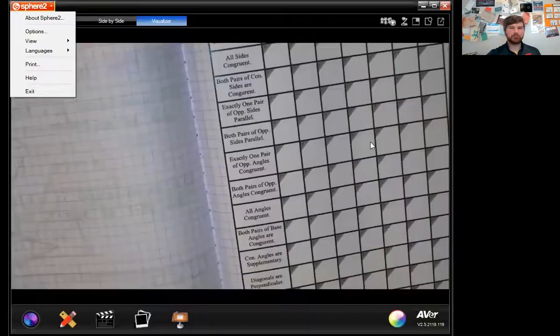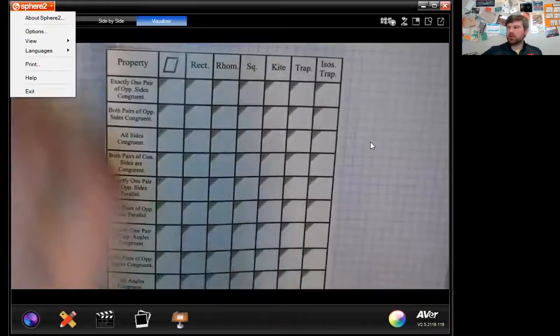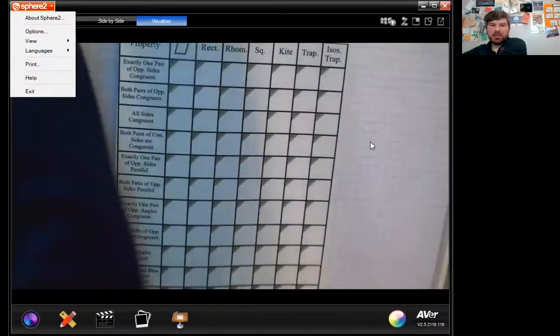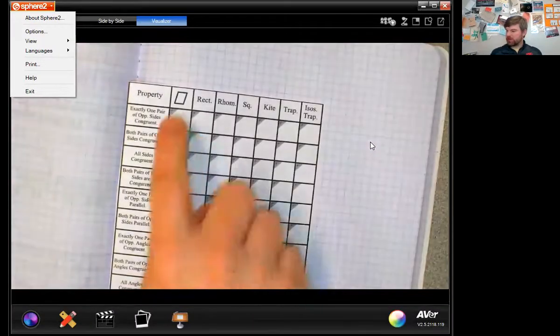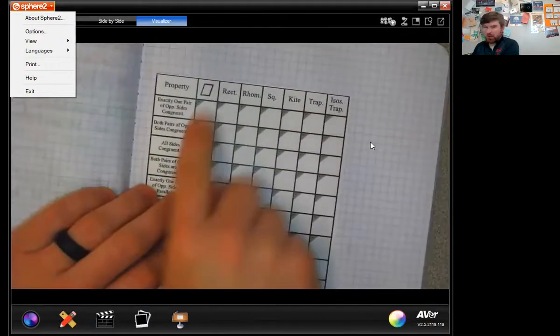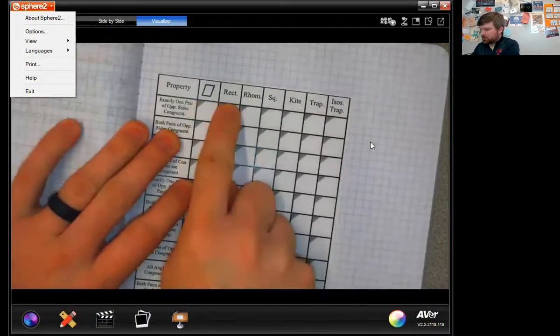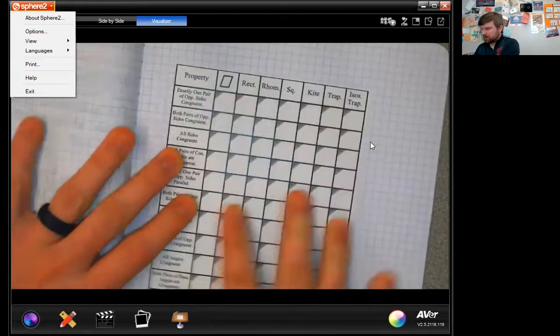I will make sure that you have access to this printout so that you can take note of what shape has what properties. Up here we have parallelogram, rectangle, rhombus, square, kite, trapezoid, and isosceles trapezoid.